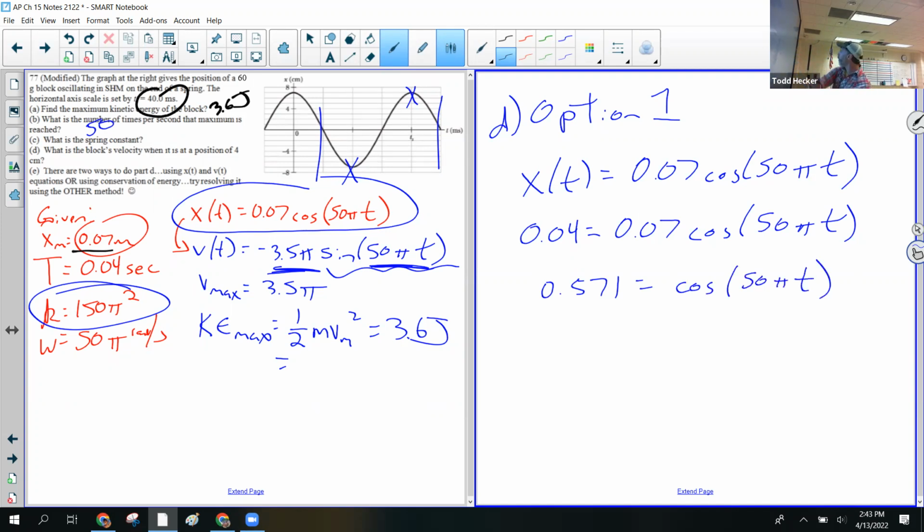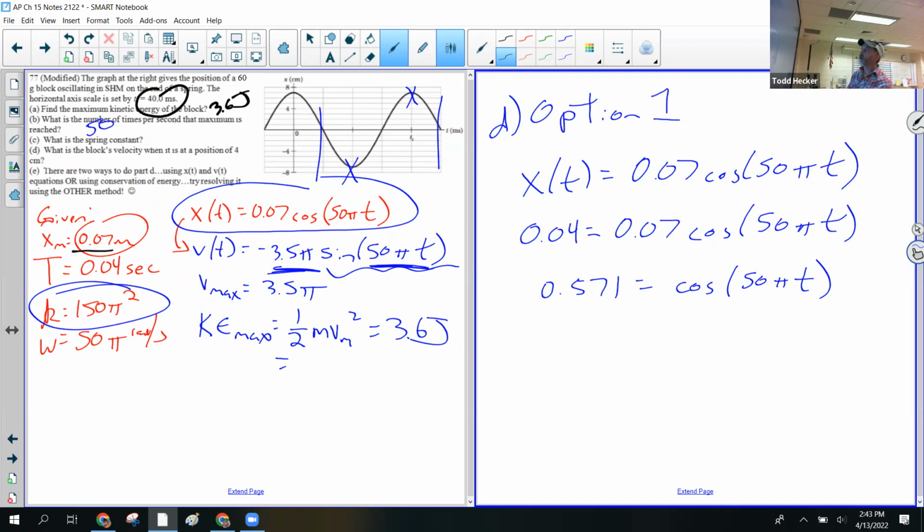Take the inverse cosine of both sides. I should have my calculator in degrees, darn it. Actually, this is as good a time as any to say this. All of these rules that we're using for our derivatives, derivative of cosine is negative sine, all of that only works if your calculator is in radians.